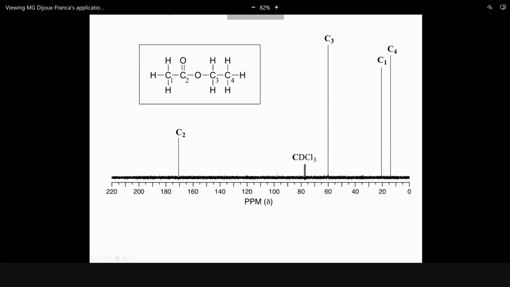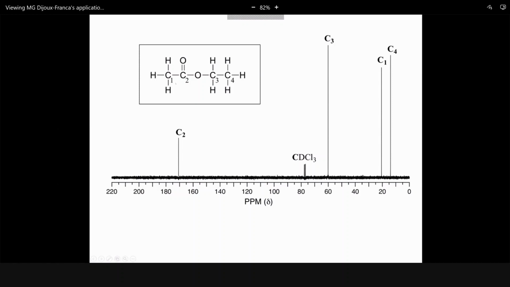So here for this molecule, for example, we can count 1, 2, 3, 4 carbons. So on the NMR spectrum, we should see 4 signals, one for each carbon. If we have no symmetry, then we will have as many signals as carbons in the structure. And you can see that they don't have the same chemical shift.